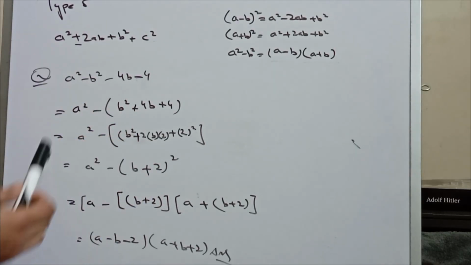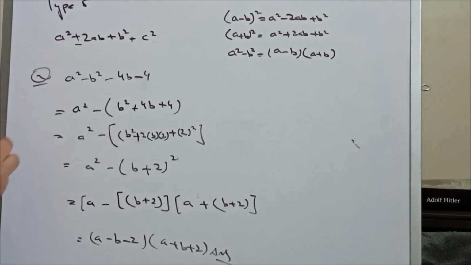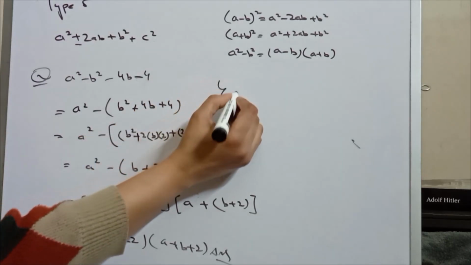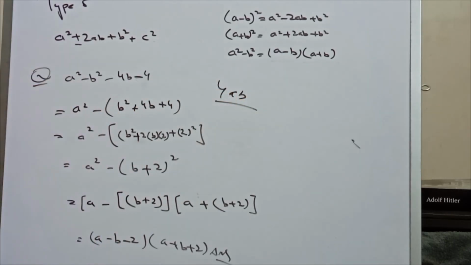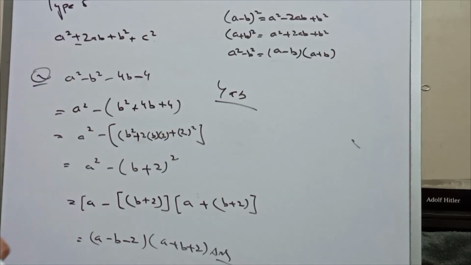You can say, ma'am, why don't you take the first 3 terms, a square minus b square minus 4b? But this is not possible, because if they had given us 4ab, then this formula would be easily applicable. But they have given us just 4b. So I just take minus common here. It becomes b square plus 4b plus 4.